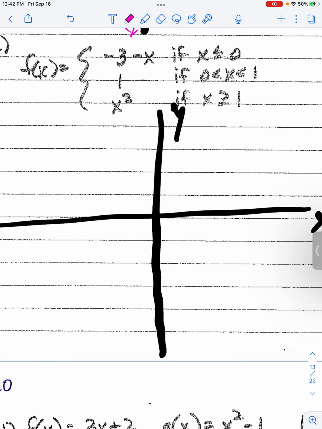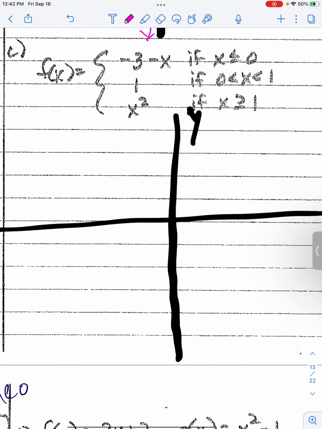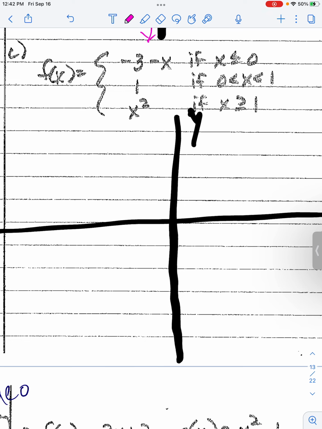All right, so if x is less than 0, it looks like negative 3 minus x. So that's going to look like this. Y-intercept of negative 3. Slope of negative 1. That's this first piece right here.